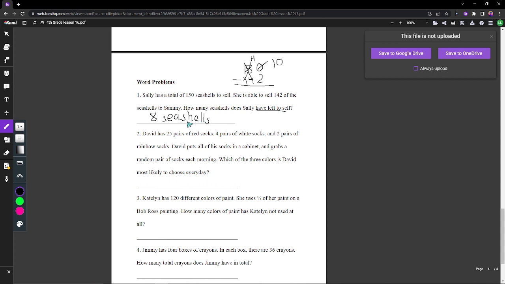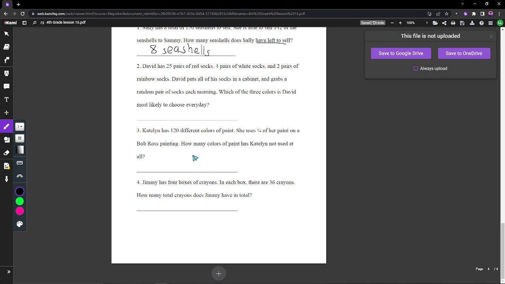Simple as that. So let's go into question 3. Caitlin has 120 different colors of paint. She uses 1/4 of her paint on a raw boss painting. How many colors of paint has Caitlin not used at the end? We do know she used 1/4 of her paint, and she has 120 different colors. So this is going to be the whole, 4 over 4, which is just the whole, is equal to 120.